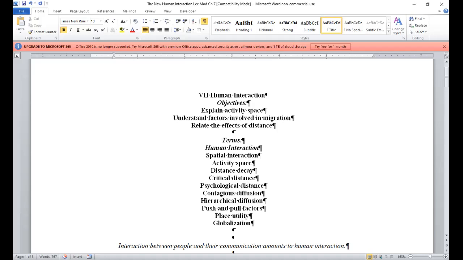Push factors are those factors that are pushing people away from a certain area. Pull factors, the amenities that are pulling people to an area. Place utility is like a substitute for actually being there and learning about the area. You study it, you have a perception of it. And then globalization, the intertwining of the world's cultures.